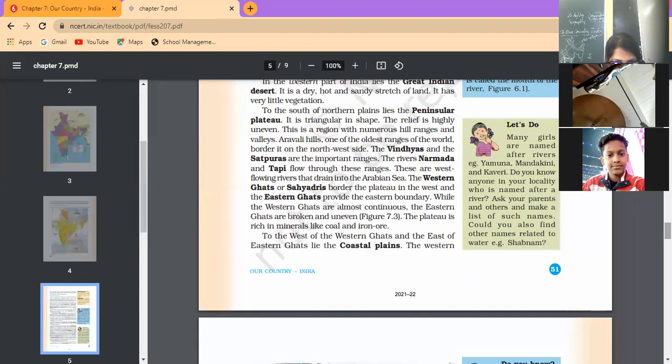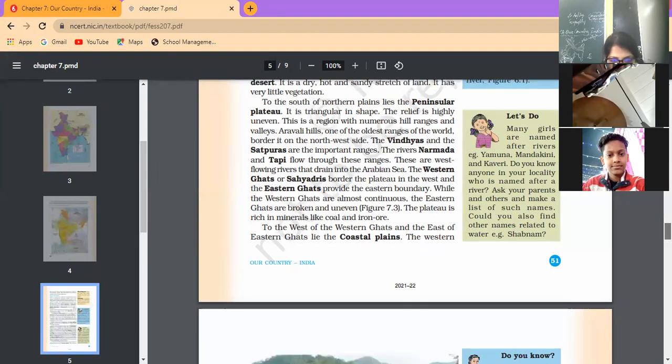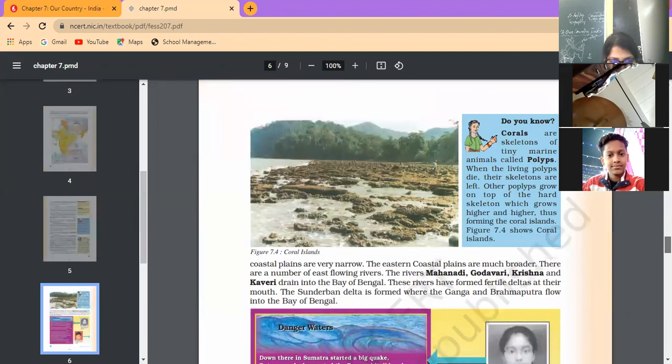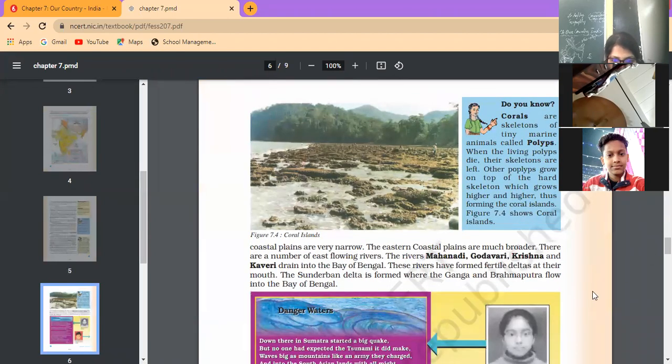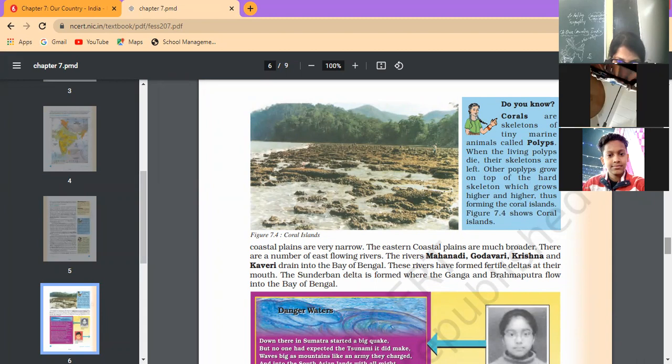To the west of the Western Ghat and the east of the Eastern Ghat lie the coastal plains. The western coastal plain is very narrow and the eastern coastal plain is much broader. There are a number of east flowing rivers, like Mahanadi, Godavari, Krishna, Kaveri, which drain into the Bay of Bengal, and Narmada and Tapti, which drain into the Arabian Sea.